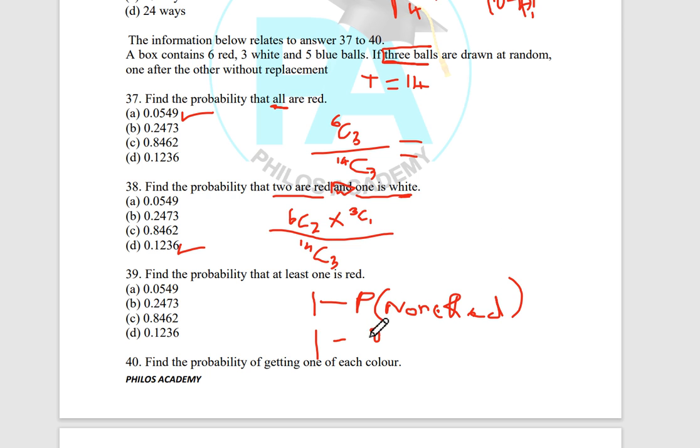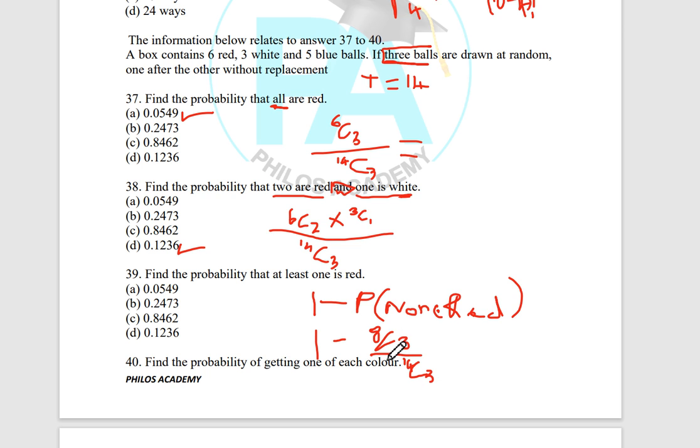Okay, 8 combination. It said none are red, isn't it? Non-red. So none of the 3, meaning these 3 are not red, divided by 14 combination 3.